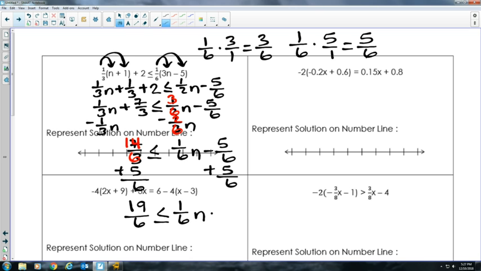I'm going to multiply by my reciprocal, and 6 divided by, these can cross simplify, and these cancel to 1, and I end up with 19 is less than or equal to n.